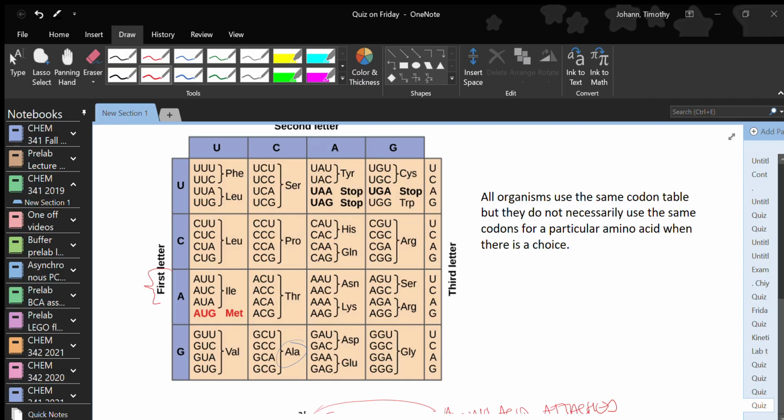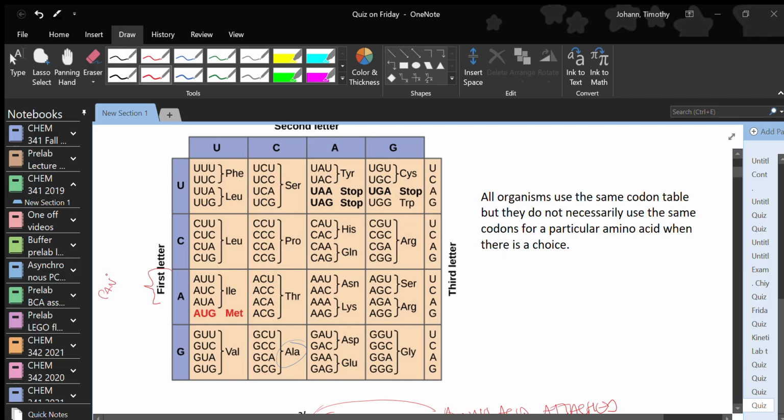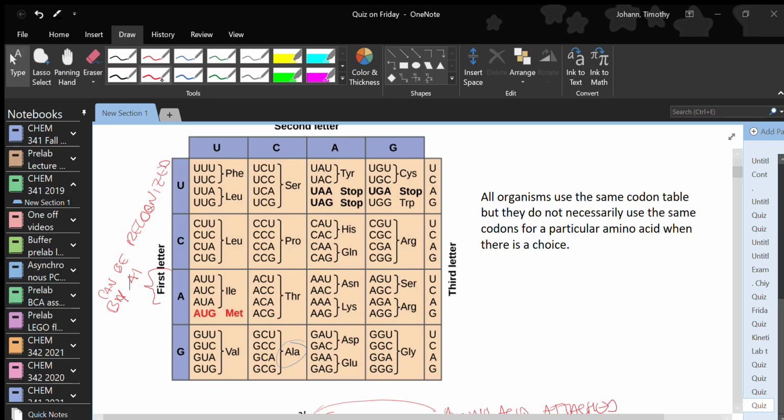Okay, so we can recognize this with 1 tRNA. So let's say this can be recognized by an anticodon, what would that anticodon be? Let's figure it out.